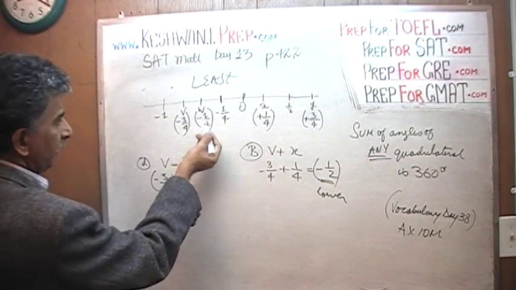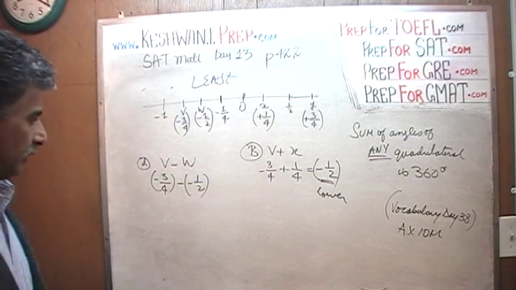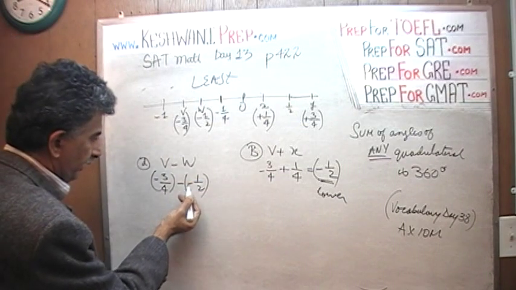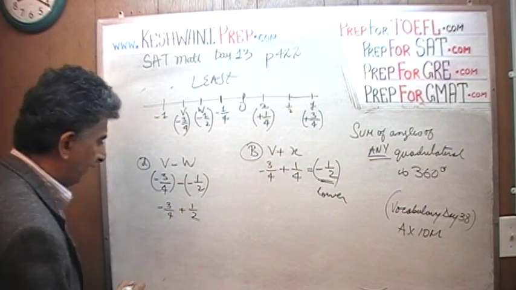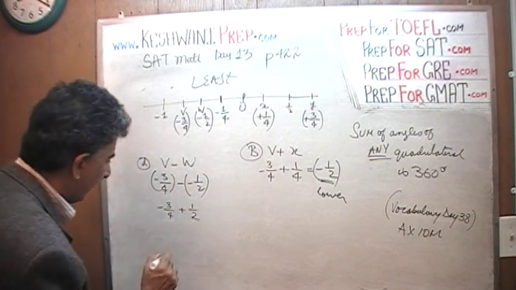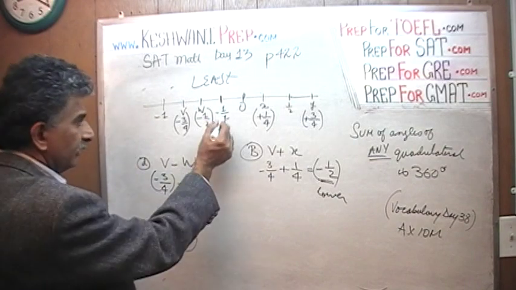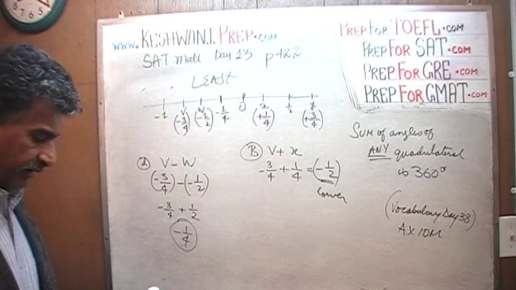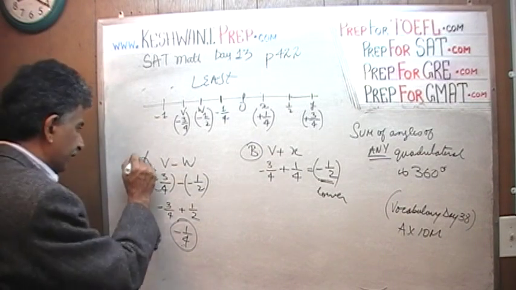This is minor, but W itself is a negative number, so it's going to become positive. Negative and negative is going to become positive. So we have -3/4 plus 1/2. A -3/4 and a 1/2 is going to give us -1/4. -1/4 is larger than -1/2. It's the same as the other one. So this is not the right answer.